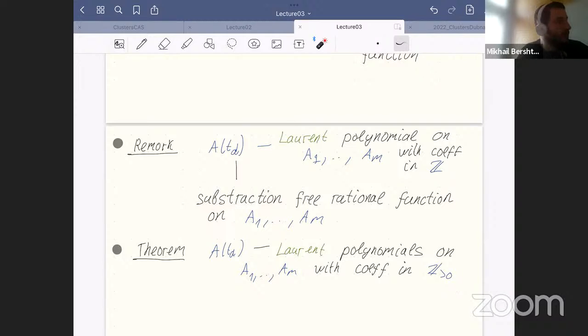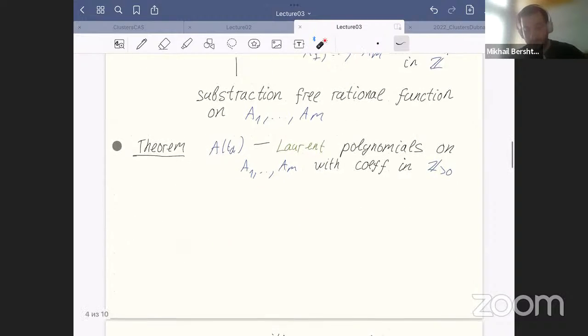It usually follows from the fact that the expressions which we get are subtraction-free. So if, for example, variables for the initial cluster are all positive, then variables which we get for the new cluster are also positive.